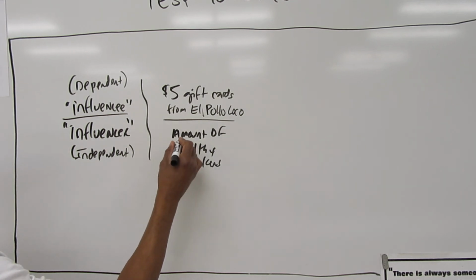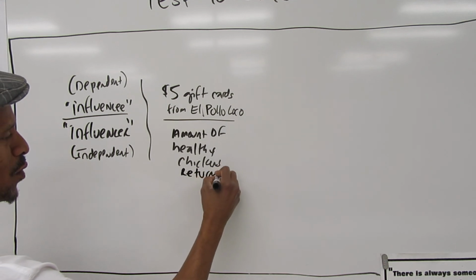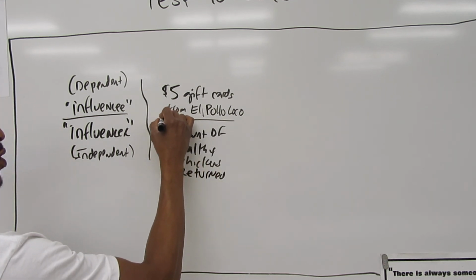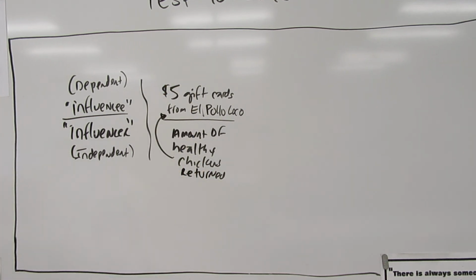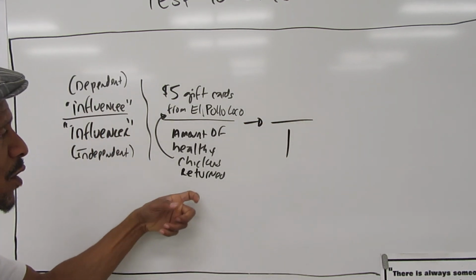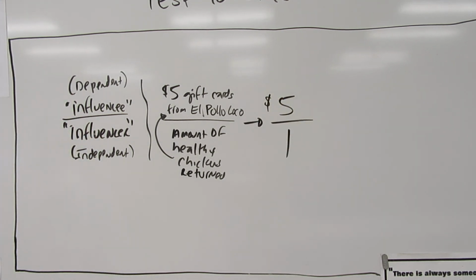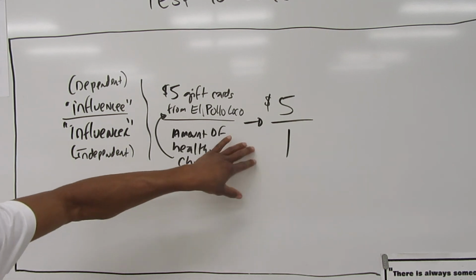The amount of healthy chickens that I can return, I guess I say return, is going to influence the amount of money that I get. I know if I have one healthy chicken I return, I'm going to get $5. Okay? So we really want you to understand how to find the unit rate here.